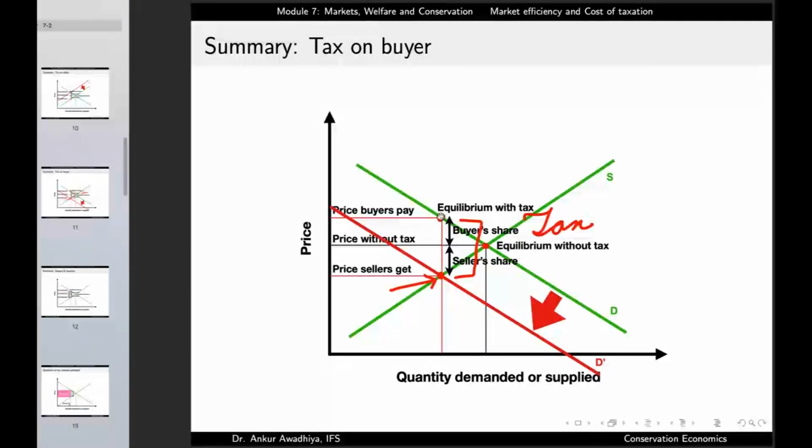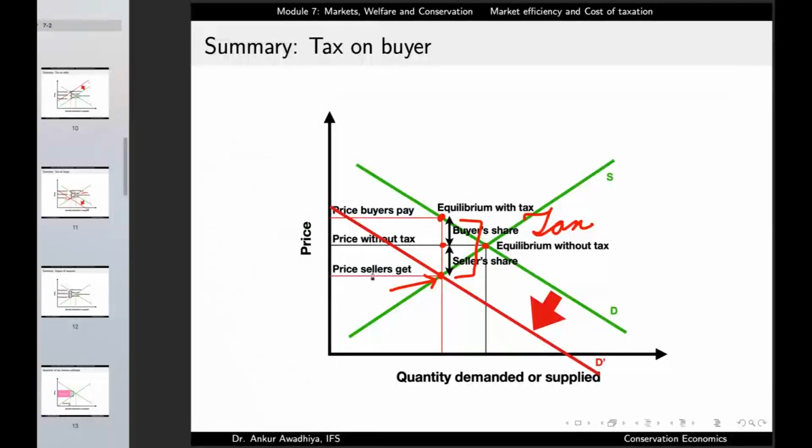So this is the price that the buyers pay. Earlier, the buyers were paying only this much, the amount given by the normal equilibrium without the tax. So the increase of payment for the buyers is the amount they are paying now minus the amount they were paying without the tax. This is the buyer's share.